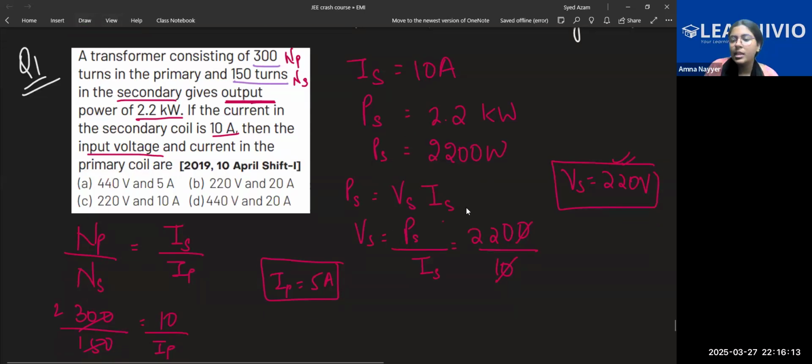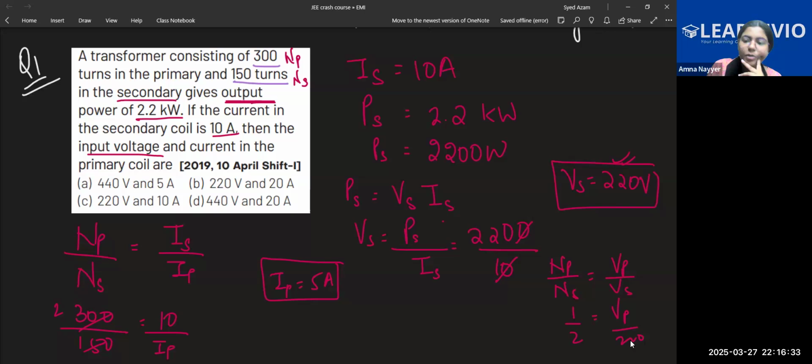Look, we can use Np by Ns is equal to Vp by Vs, right? Np by Ns is 1 by 2. Vp, we don't know, Vs is 220, right? V in the secondary is 220.